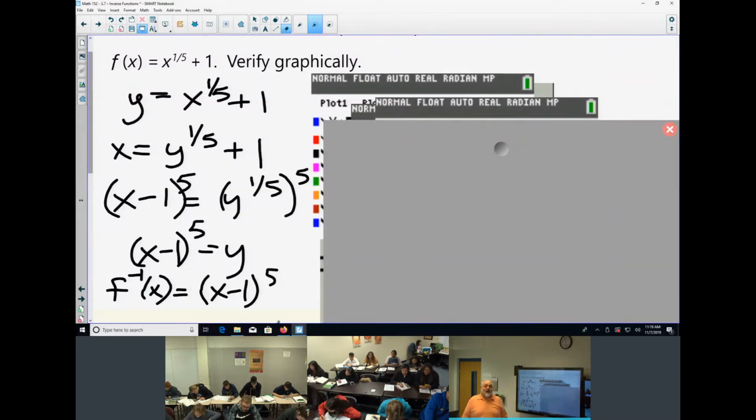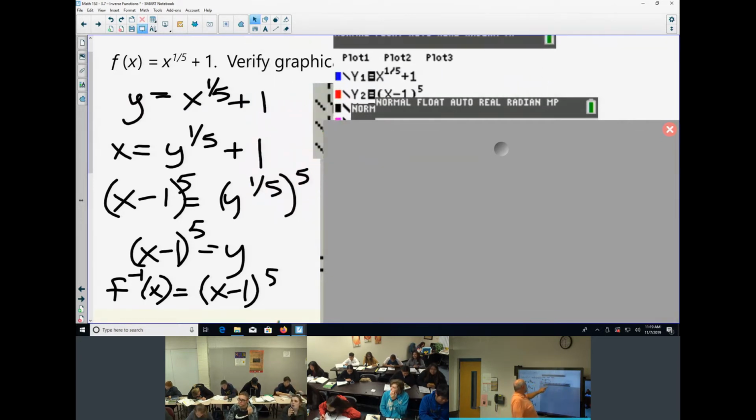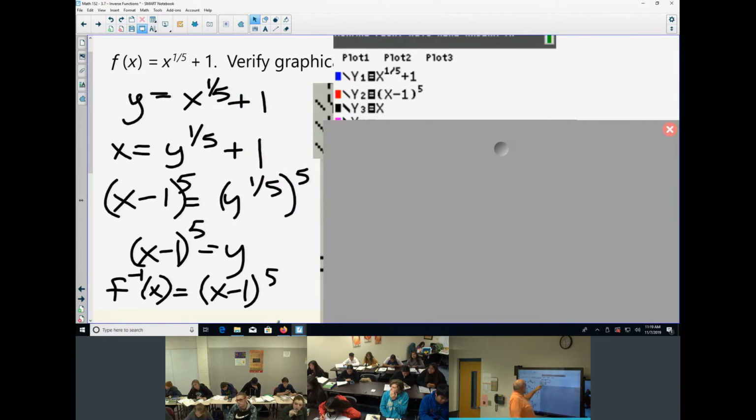So now to check it graphically, you're going to put in your calculator y equals x for your y1. It doesn't matter what order you do it in. So y equals x, the original function, y equals x to the 1/5 plus 1, and the f inverse, the other one, is x minus 1 to the 5th.